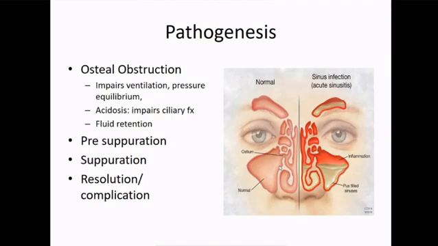So the cilia must be functioning well. If the cilia is not functioning well, even though the ostium here is patent, you tend to have fluid accumulation here also. So you must have a good patent ostium as well as good mucociliary function.